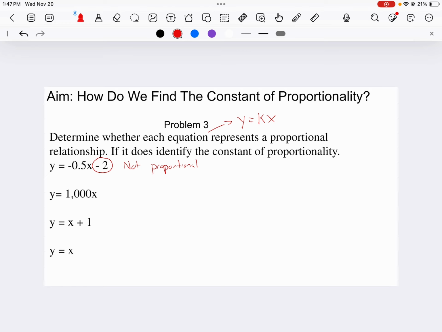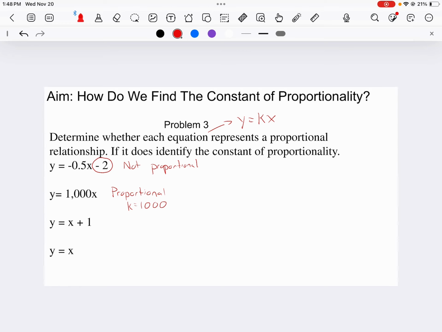Because in order for it to be proportional, remember, it's just a number times the x, and that number is our constant of proportionality. For the second one, we have y equals 1000x. That would be a proportional relationship because it's just a number times x, and the k value, or my constant of proportionality, would be 1000.